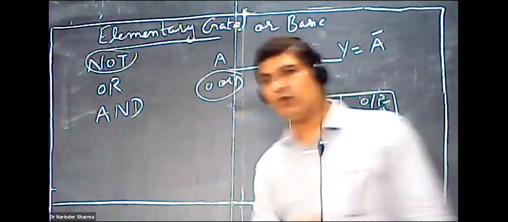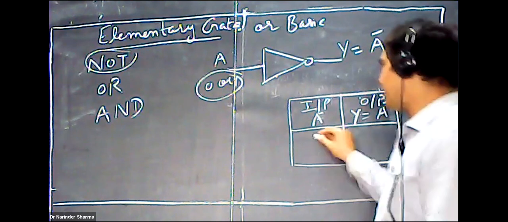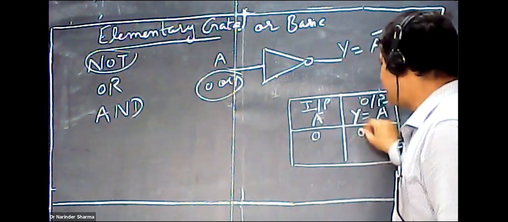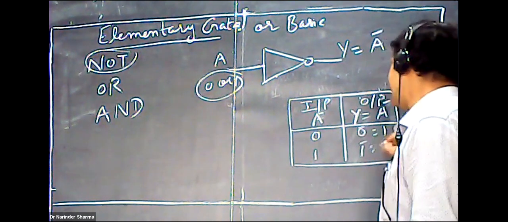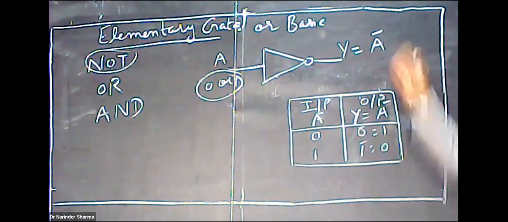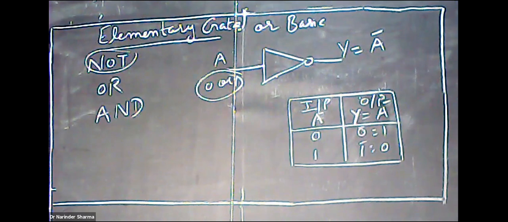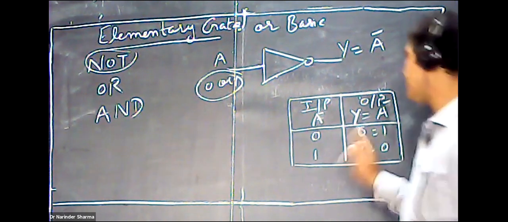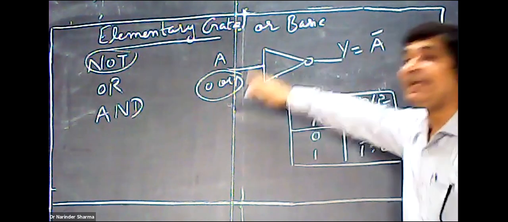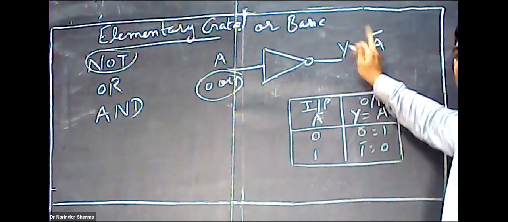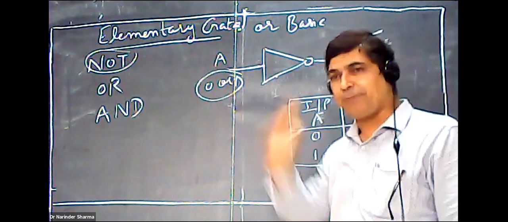If I assign 0, 0 bar is equal to 1. If I assign 1, 1 bar is equal to 0. So what we can conclude from this is that the NOT gate simply inverts the input.